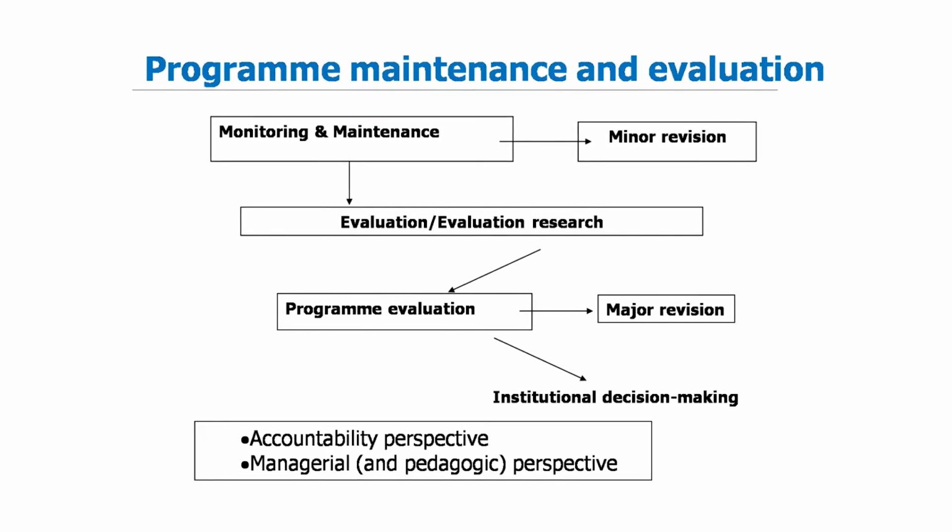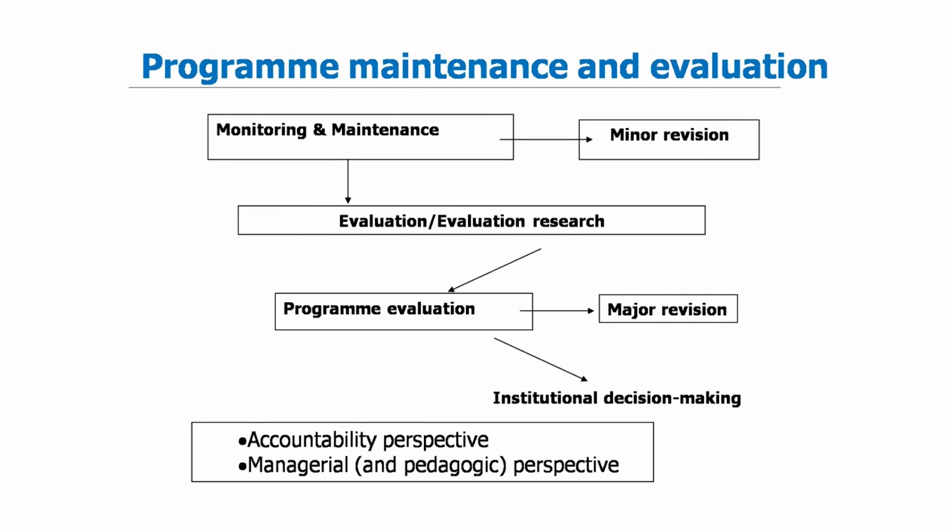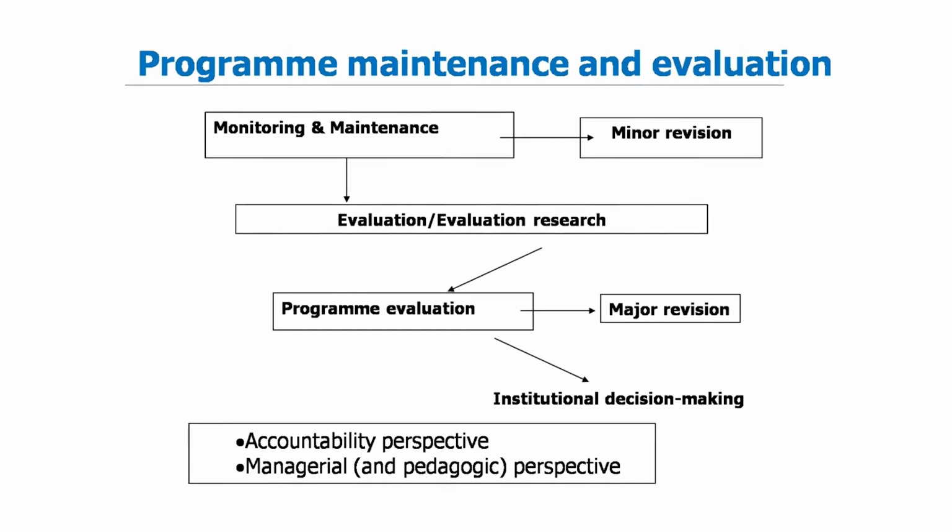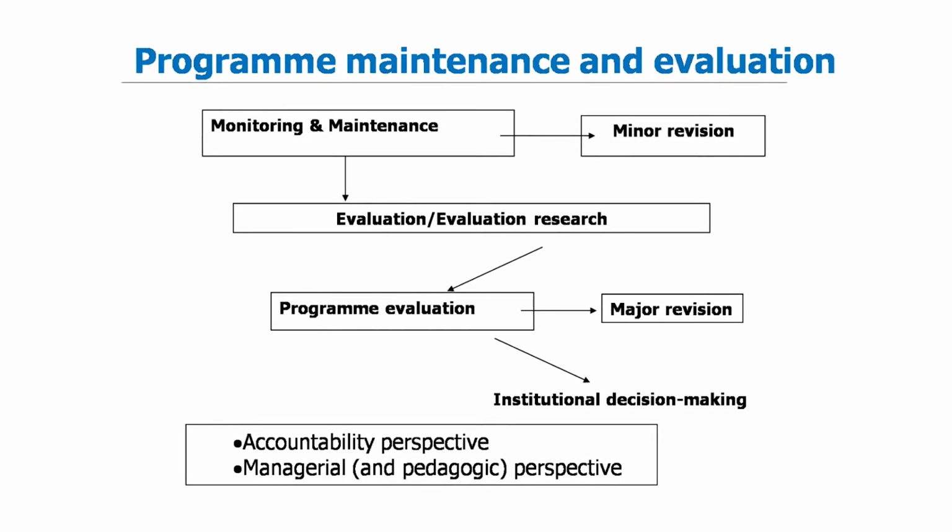Then we conduct a program evaluation of all the aspects of design and development, including costing, which might tell us whether we would undertake a major revision of the program, and finally make an institutional decision. In my Open University, we conduct this every 5 years, but there are universities which conduct it every year. There are universities which even delay this process. But this is very important to inform us, and technology is facilitating in doing that.